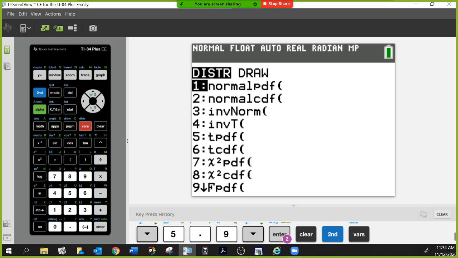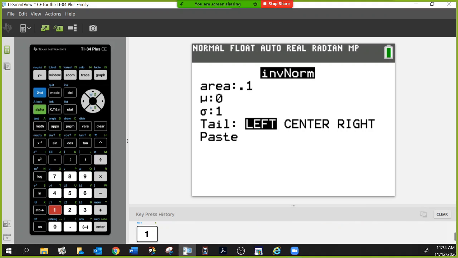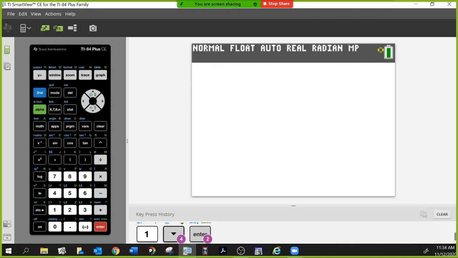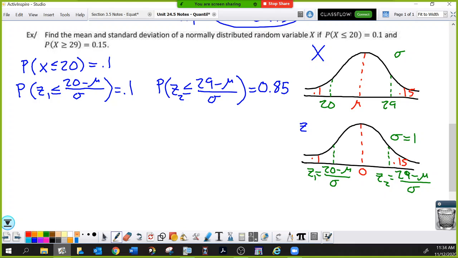Second, bars. Inverse normal. The area that we're talking about here is 0.1 on our standard normal curve, going to the left. So this is going to give me Z1. As it turns out, Z1 is approximately negative 1.282. Did I take 3 decimals? I did. Negative 1.282. Z1 is negative 1.282. Let me go find Z2 now.